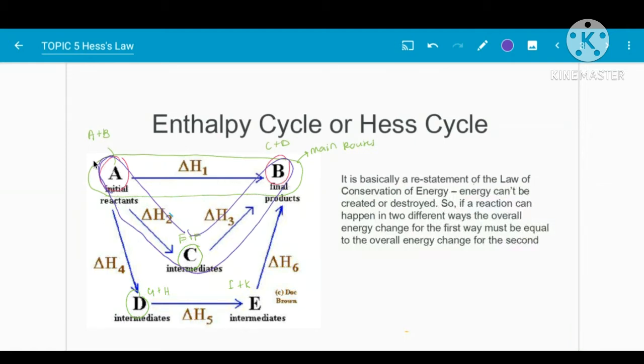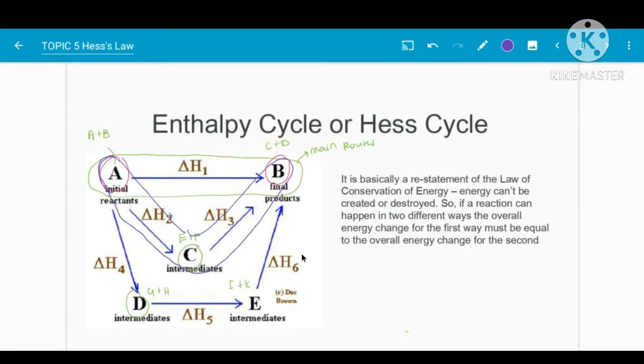Maybe A reacts with B to produce E and F, and after that it produces C and D. These hidden chemical reactions are called intermediates. It is the same concept for D and E. All of these are called intermediates or hidden chemical reactions.